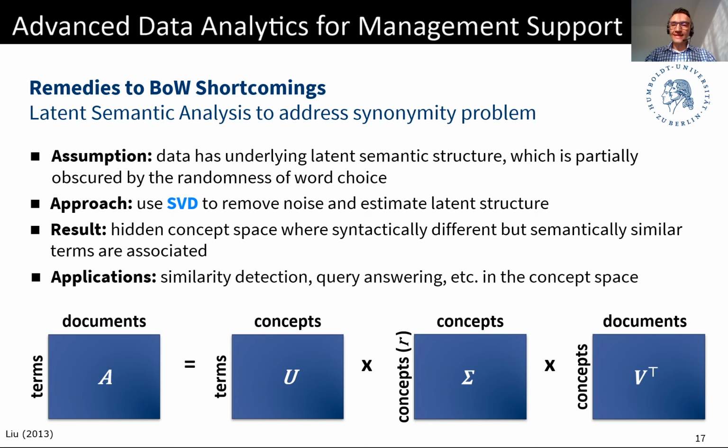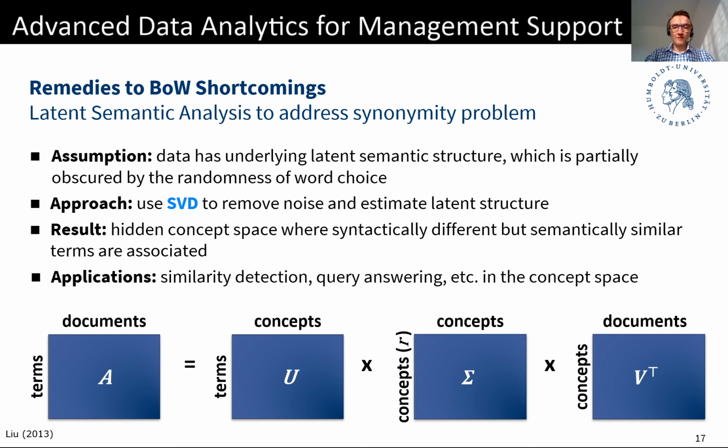This LSA approach was introduced to address the problem of the bag of words model and the document term matrix with capturing synonymity. If two words have the same meaning, in our document term matrix, the two words with the same meaning would be kept apart.